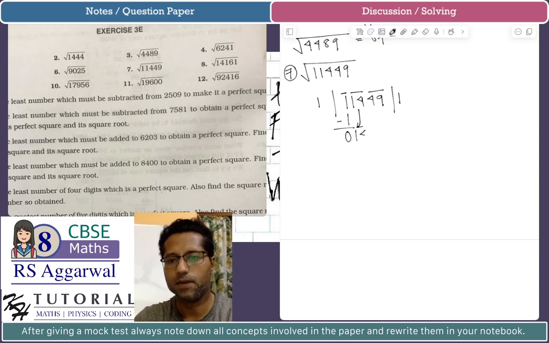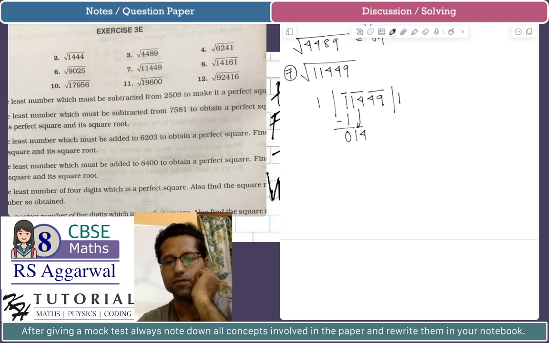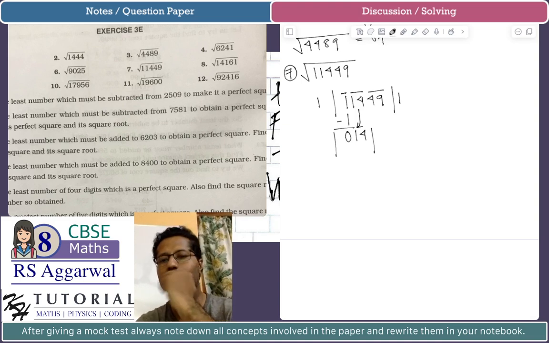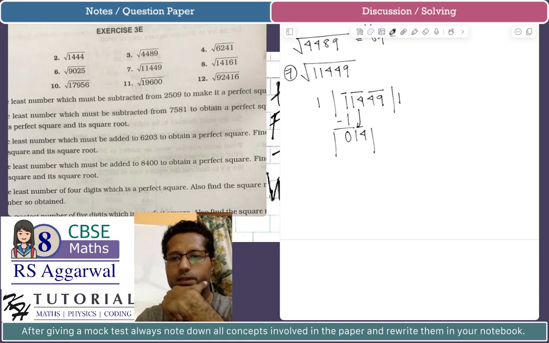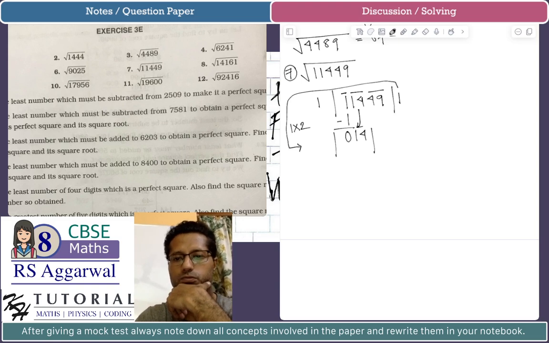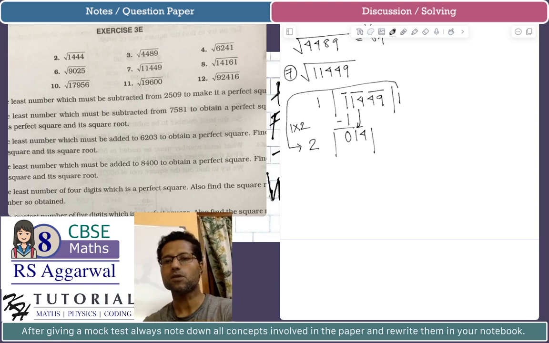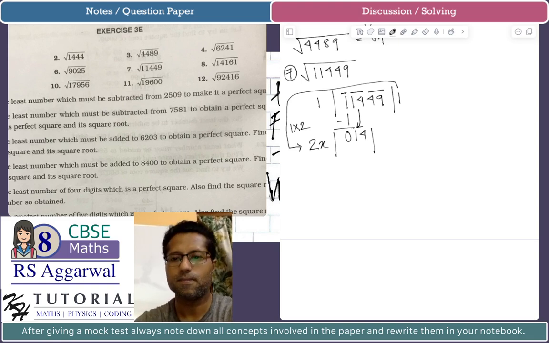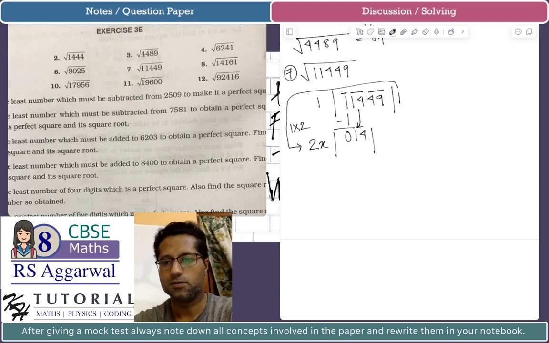Now what will I do? 014, that is 14, is the new dividend, and the new divisor will be the current quotient 1 multiplied by 2, which is 2.